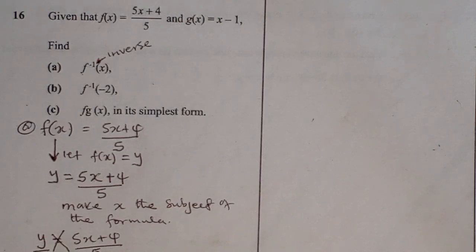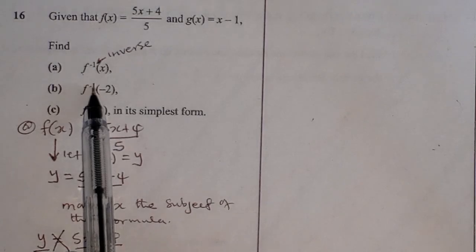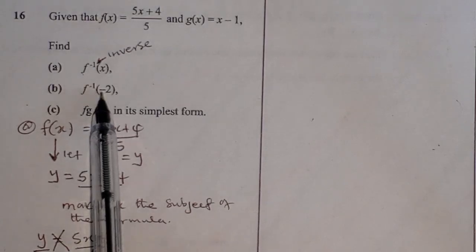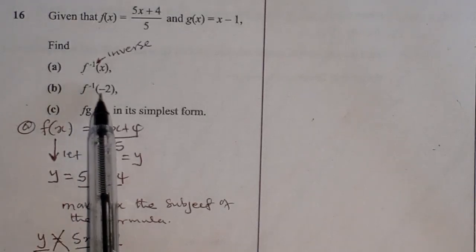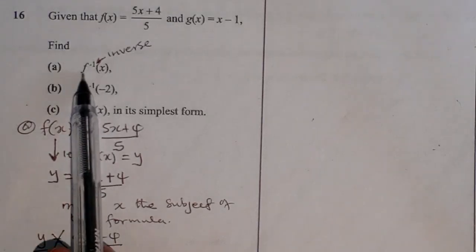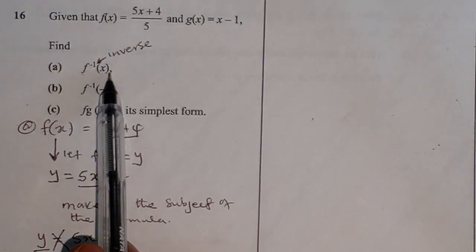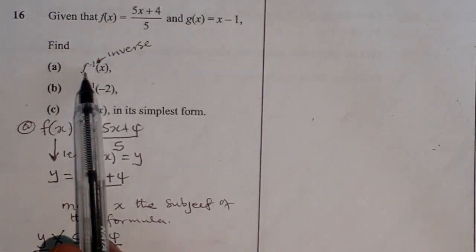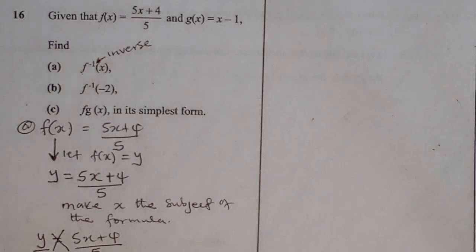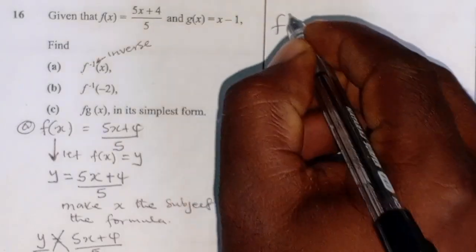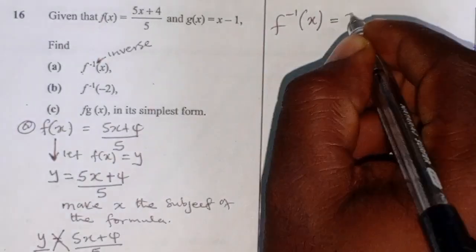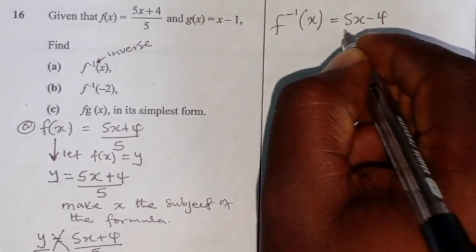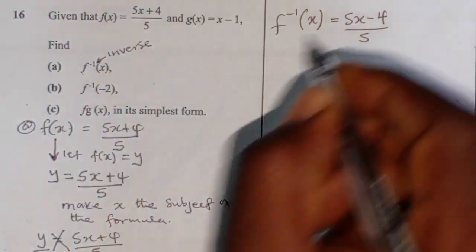So B, find f inverse of negative 2. For us to find the f inverse of negative 2, we need to use the f inverse of x, which is f inverse of x equal to (5x minus 4) over 5.